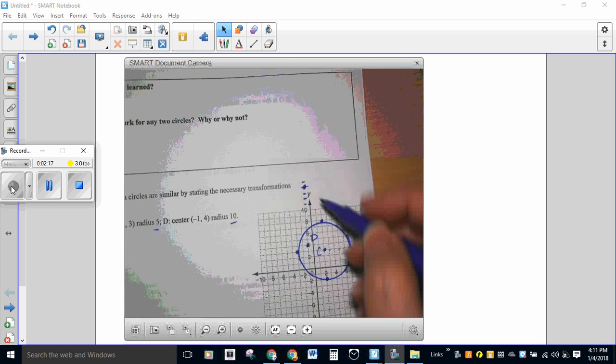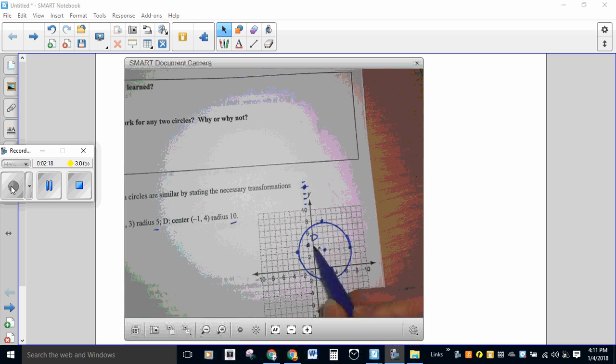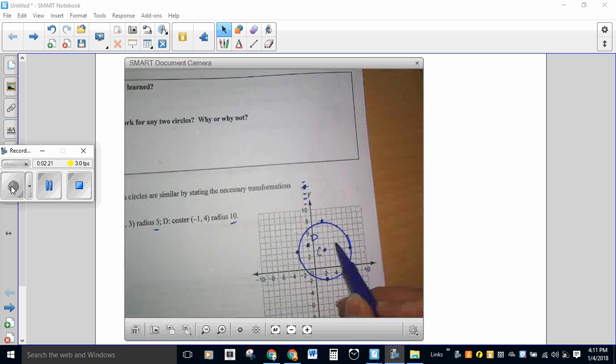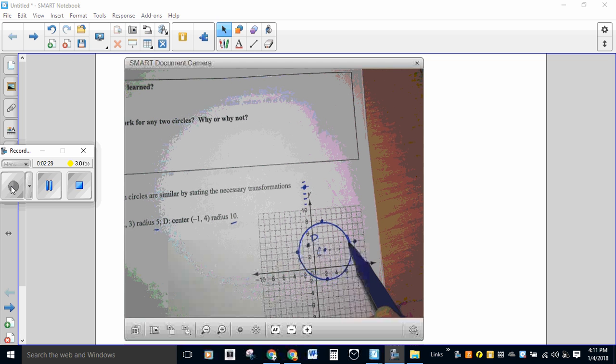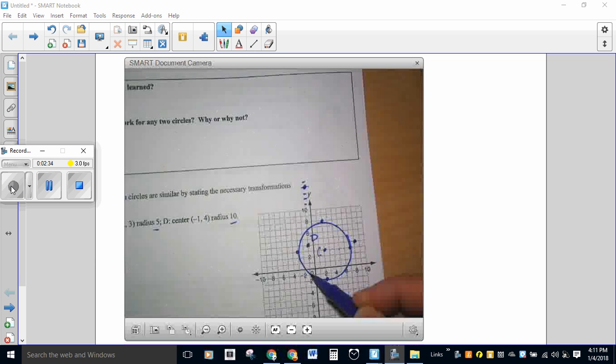Then I'm going to go 10 to the right, 1, 2, 3, 4, 5, 6, 7, 8, 9, 10. And then we're going to go 10 down, 1 through 10.